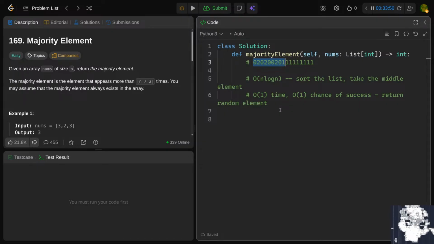We know that once we're halfway through the list, we have seen our majority element. So if we get halfway through the list and we've only seen a constant number of elements, then we can count all of them and finish in constant time.